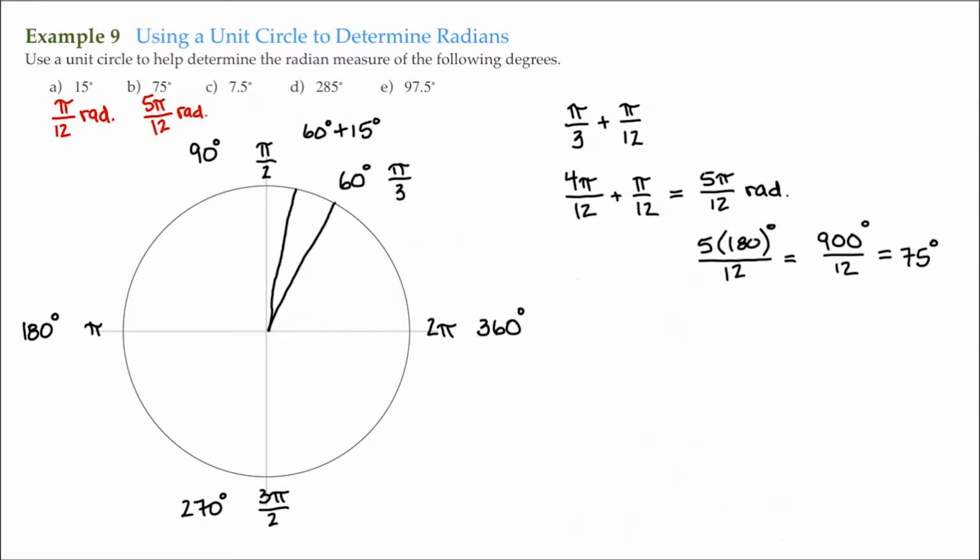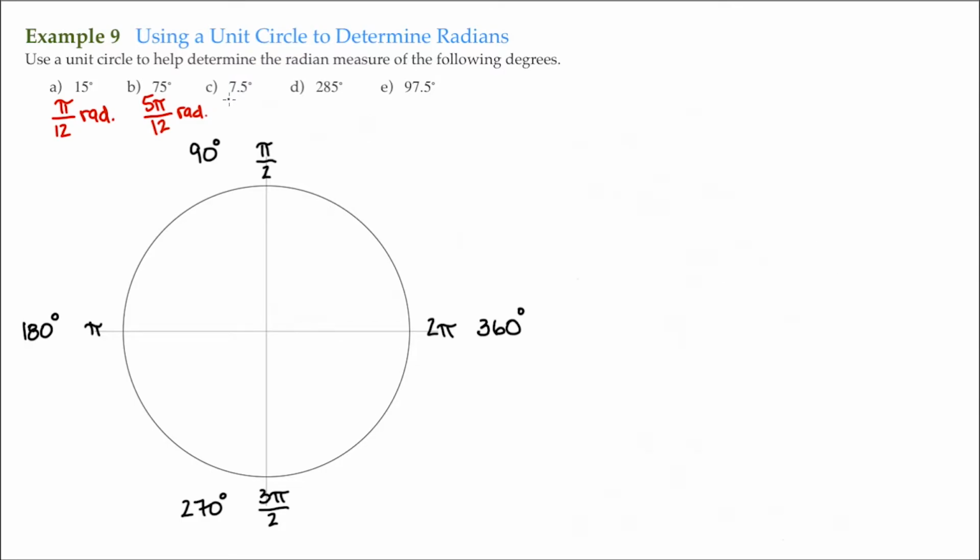Let's try C. 7.5 degrees. 7.5 degrees is half of 15 degrees, which is letter A here. And we already determined that 15 degrees is pi over 12 radian. So 7.5 degrees is going to be 1/2 of that.